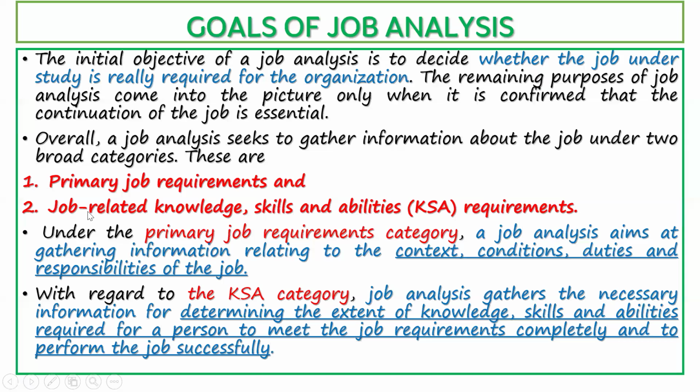And number two, job-related knowledge, skills, and abilities requirements. Under the primary job requirement category, a job analysis aims at gathering information related to the context, condition, duties, and responsibility of the job. So that is the first class of information that the job analysis will provide us with.